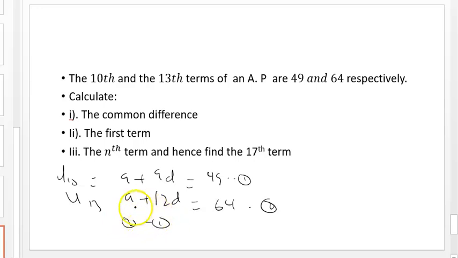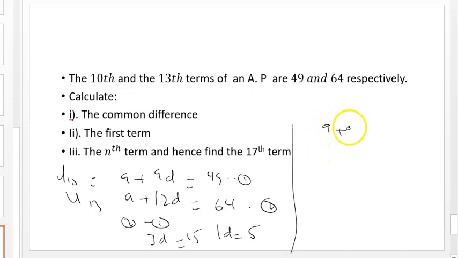A minus A is 0. 12 minus 9 is 3D. 64 minus 49 is 15. So divide by 3, our D is equal to 5. This is the common difference. So for the first term, we replace D by 5 in equation 1. So in equation 1, A plus 9 times 5 is equal to 49. So A equals 49 minus 45, which is equal to 4.